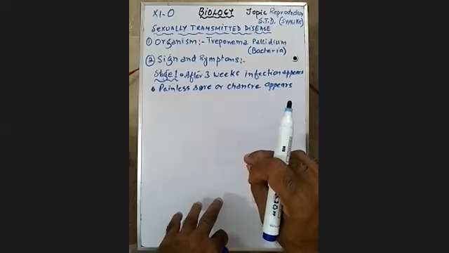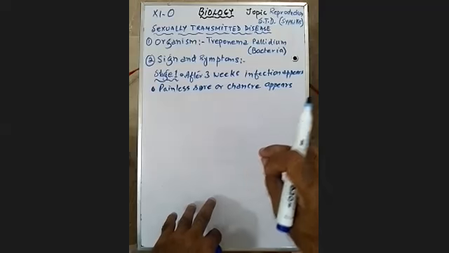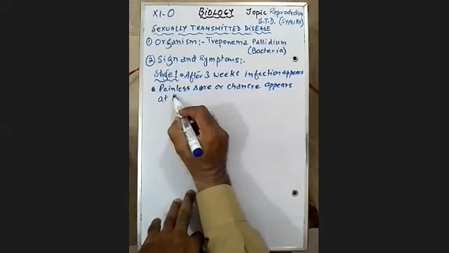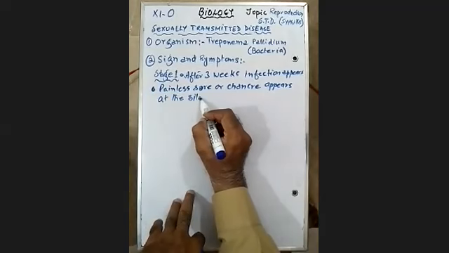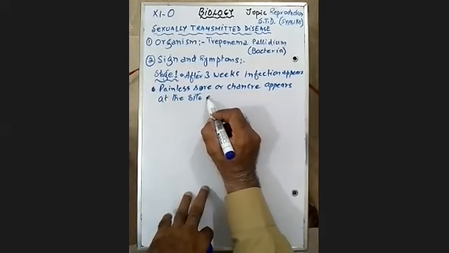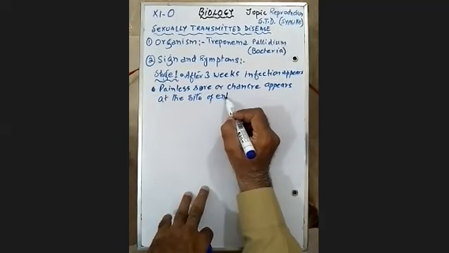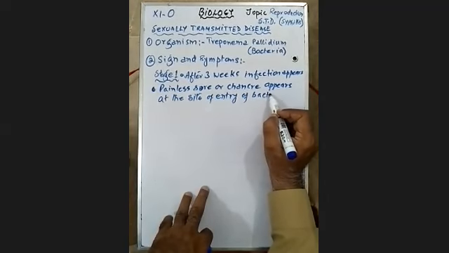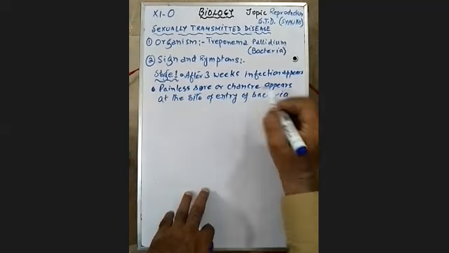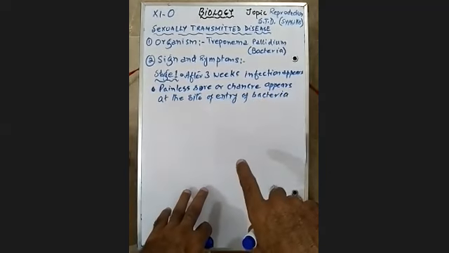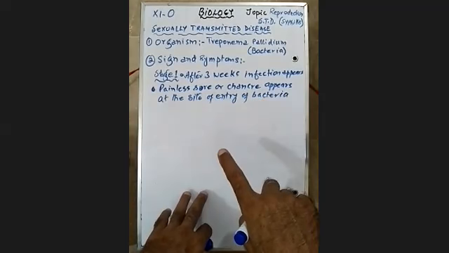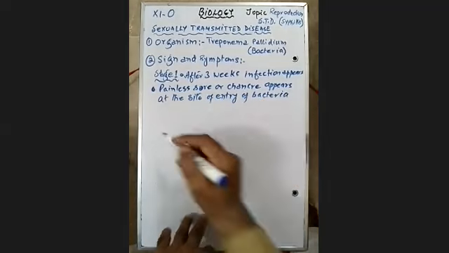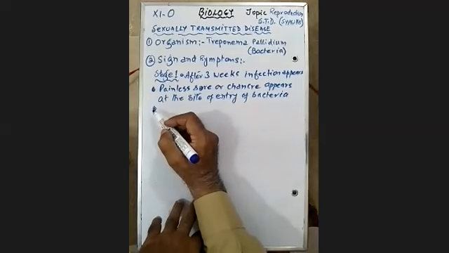This appears at the site of entry of the bacteria, the place from where the bacteria has entered. Usually the penis is the place where the bacteria might enter the body. So in the penis there will be a painless sore and chancre, a wound-like appearance.